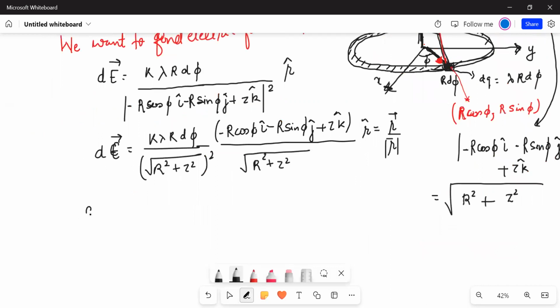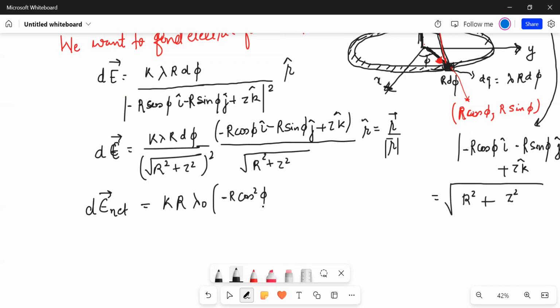So your net electric field in differential form is this, and it is equivalent to writing k r, and then instead of lambda, you will write lambda naught cos φ. So it will be like minus r, I'm multiplying cos φ inside.